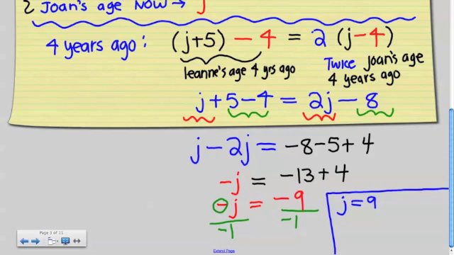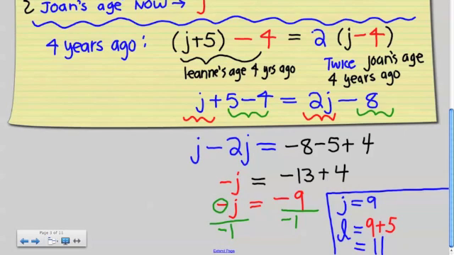And remember, J represents her age now. So Joan's age now is positive 9. What do I have to do to solve for Leanne's age now? Matthew? Yes. So I'd have to take Joan's age, 9, and I have to add 5 to it. So that gives me a value of 11.